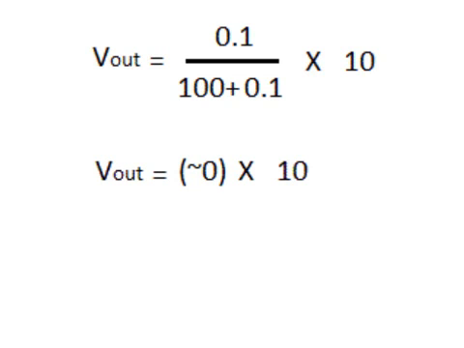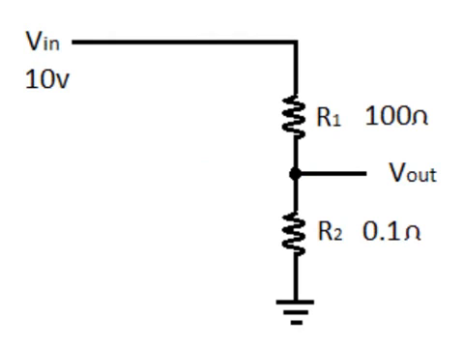Now, 0.1 over 100.1 is very close to zero. So close to zero that we might as well just say it's zero. So output voltage equals 0 times 10 volts, and Vout equals 0 volts. So in cases where the lower resistor is very small, like 0.1 ohms, Vout is going to be 0 volts.